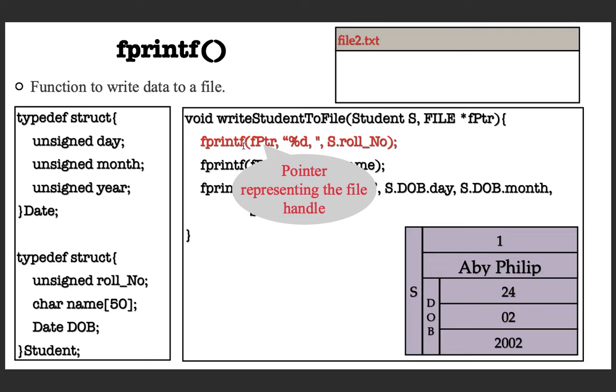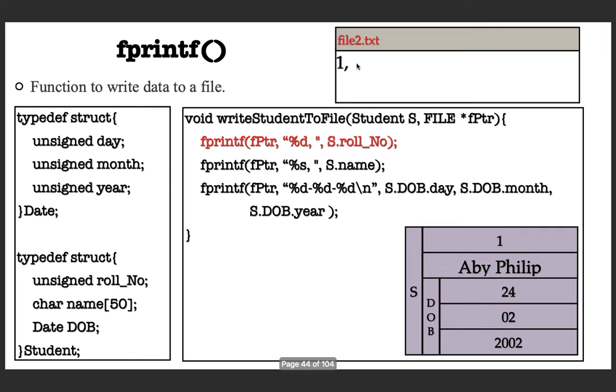So here what you are saying is write the roll number, which is 1, into this file. If you execute it, you are printing it. Not only the roll number, a comma is also printed and a space is printed. Coming down, in this case you are going to print the name field, which is AB Philip, after this comma here.